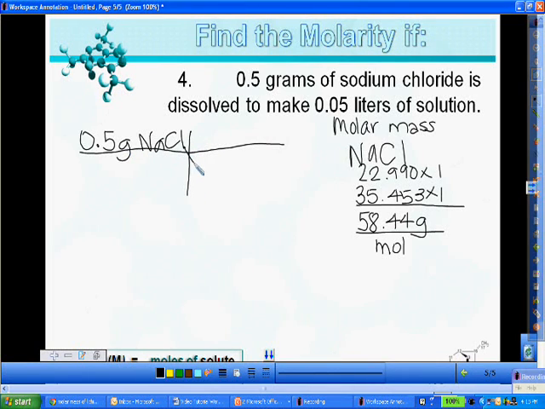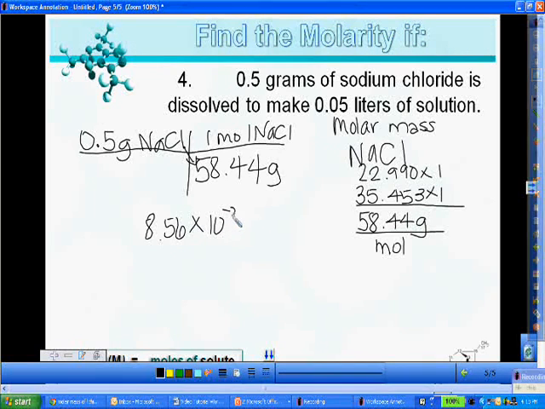So let's use some dimensional analysis here. We want to place our grams opposite, so we're going to place grams down here, 58.44 grams per 1 mole of sodium chloride. In calculating that, you get a really small number, so I'm going to go ahead and put that into scientific notation: 8.56 times 10 to the negative 3 moles of sodium chloride.